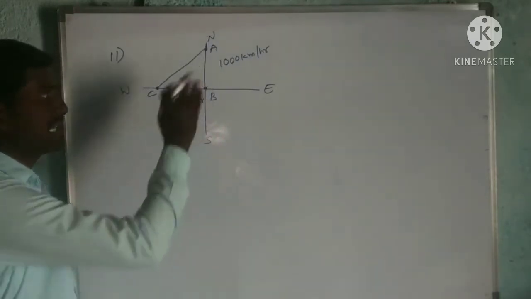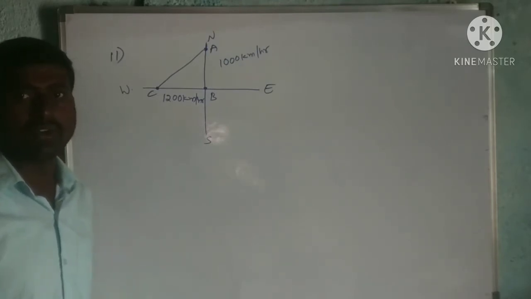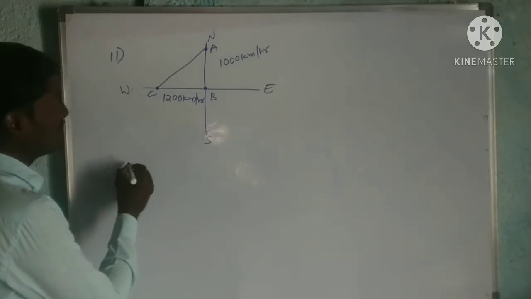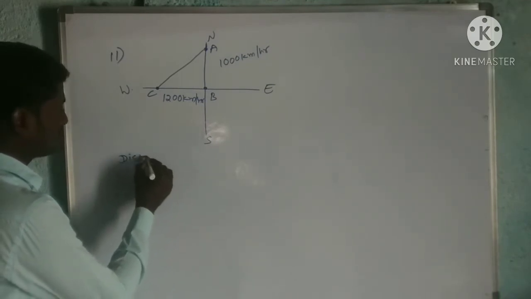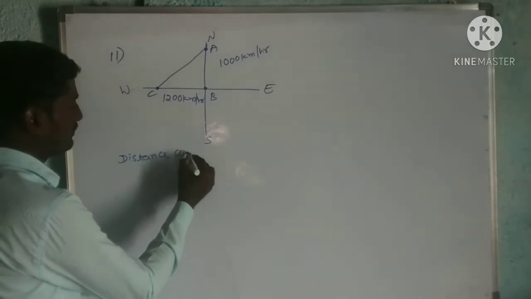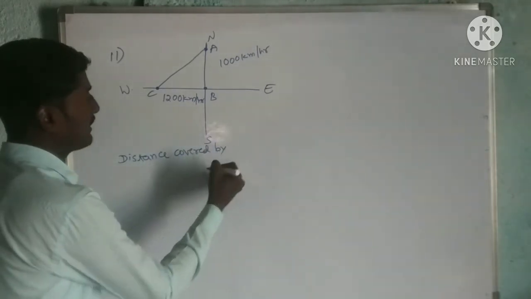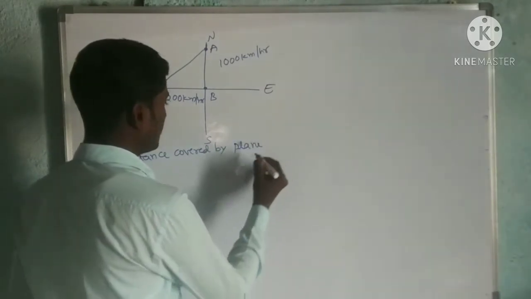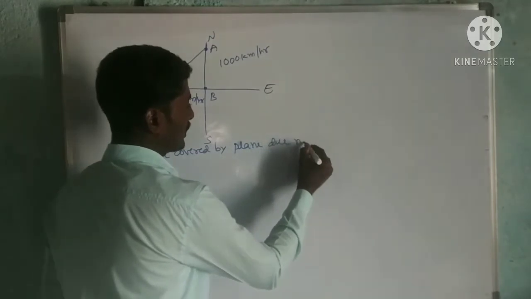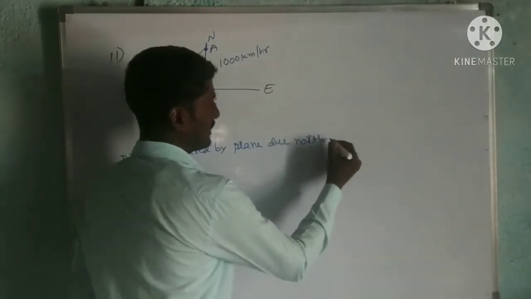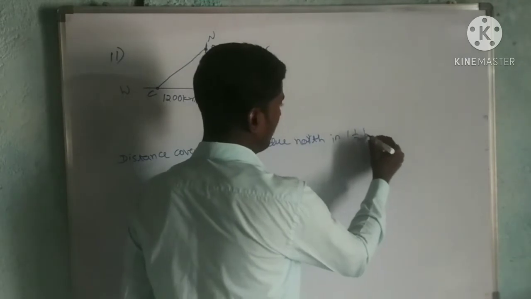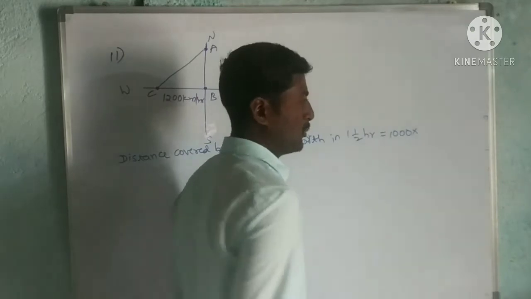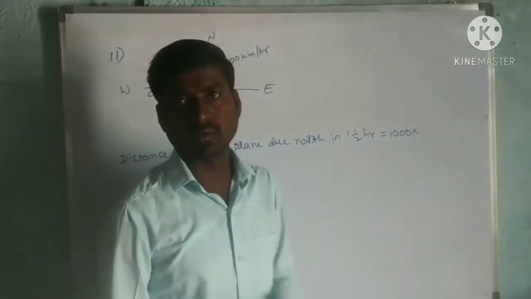How can we find it? Speed they have given, time also they have given, 1.5 hours, or 1 1/2 hours. So distance, what can I write here? Distance covered by the plane due north in 1 1/2 hours is equal to speed into time, because speed is equal to distance divided by time.